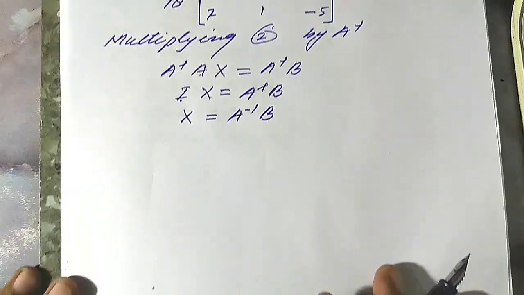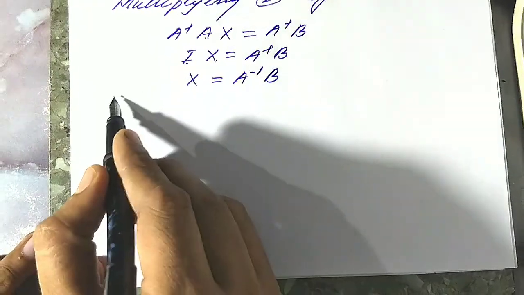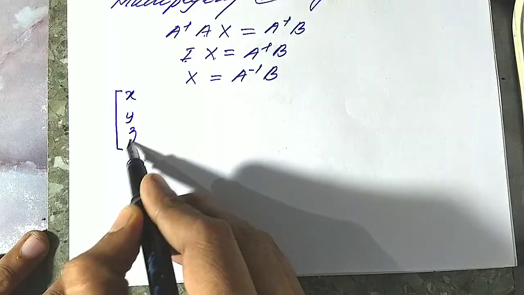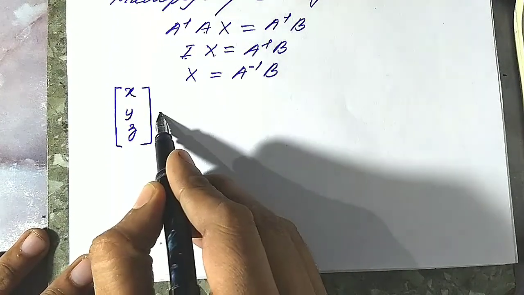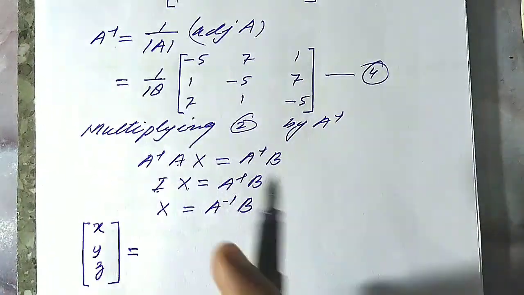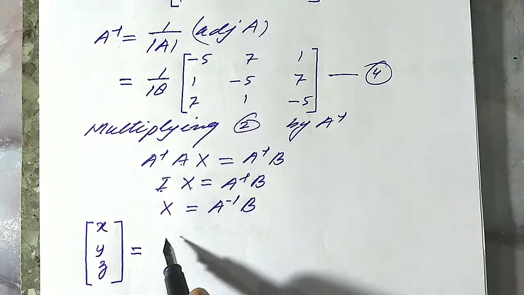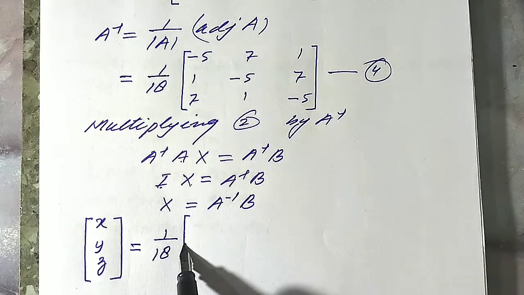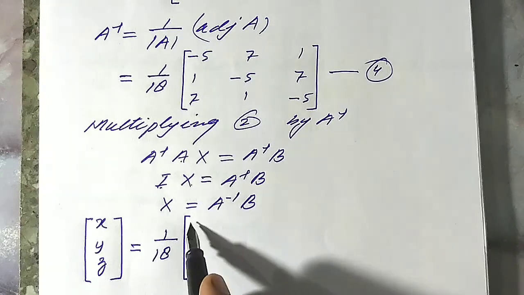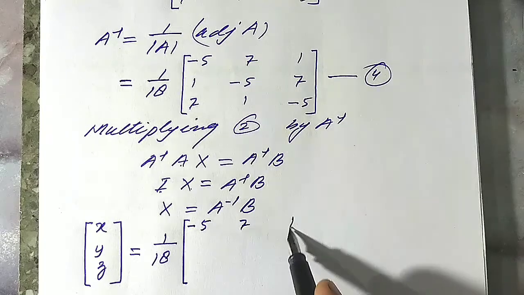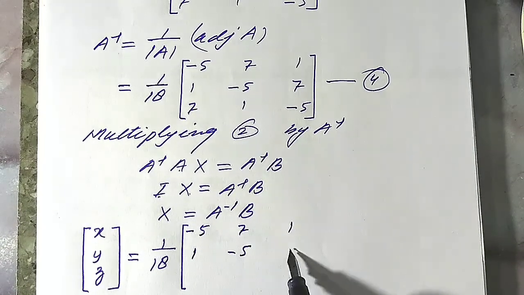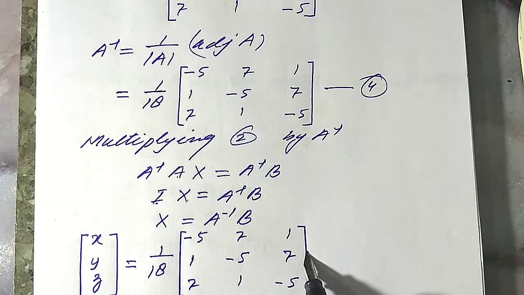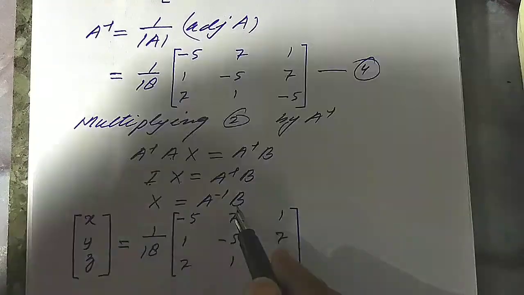Now substituting the value of X, A inverse and B in this equation, we have X as the column matrix of X, Y, Z. And A inverse is 1 upon 18 and this matrix, so write it down as it is, 1 upon 18, minus 5, 7, 1, 1, minus 5, 7, 7, 1, minus 5, and multiplied by B. And what is B?